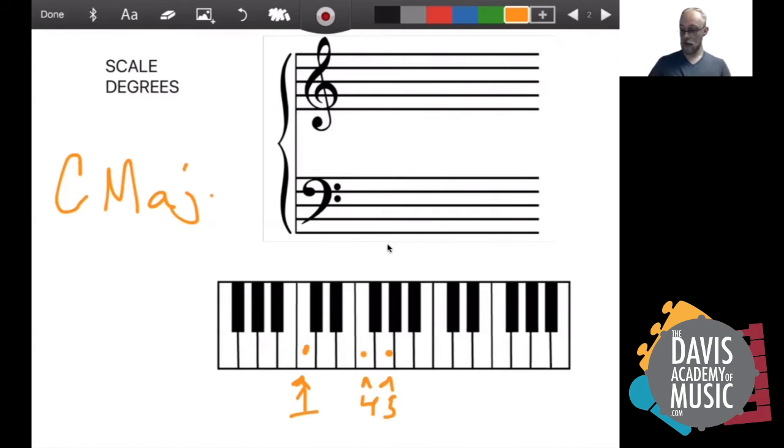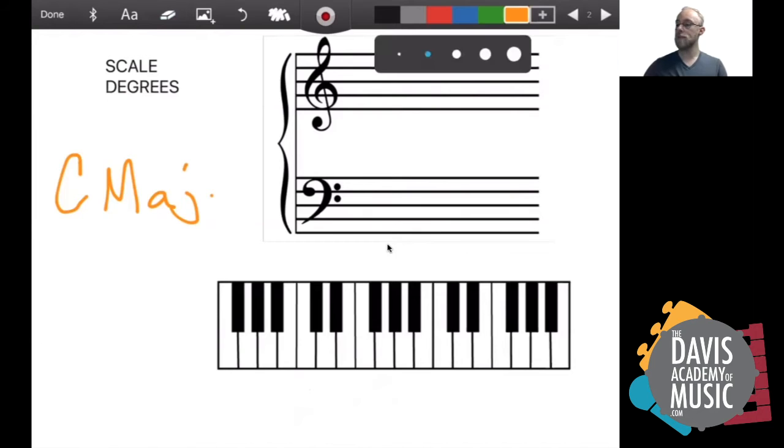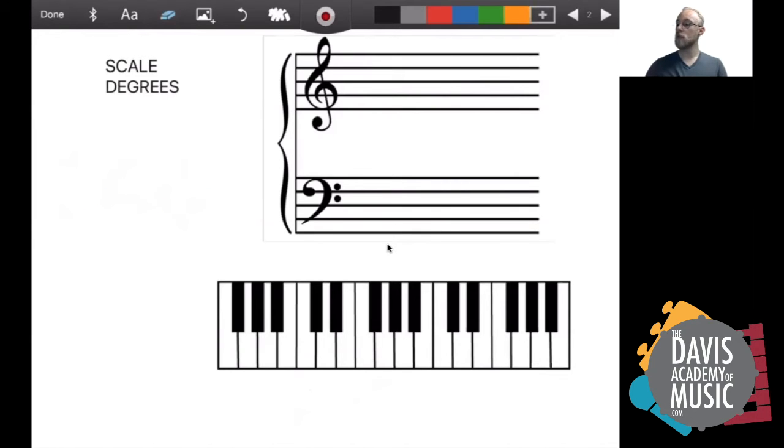Now, how this actually works and is helpful is that if we choose a different key, let's say G major, which is the next key around our circle of fifths, the scale degrees stay the same in the context of the key. So no longer would C be 1.